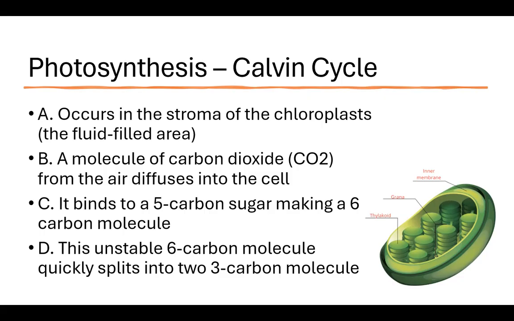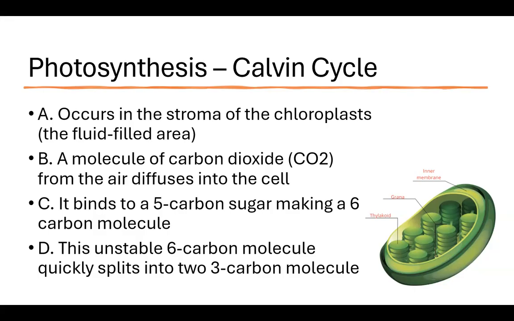Okay, so in the Calvin cycle, we know that this process is taking place in the stroma of the chloroplast, that's the fluid-filled area. And we know that in the Calvin cycle, this molecule of carbon dioxide diffuses into the cell and it binds to a 5-carbon sugar and it makes a 6-carbon molecule.